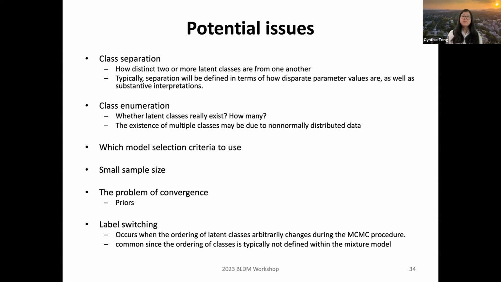Okay. And even just for the model fit, we have to figure out which model selection criteria to use. Not just in the Bayesian framework, even for the frequentist framework, there are many criteria to decide which model fits the data best. In Bayesian, there are also many different criteria like DIC and WAIC that we've covered today. And there are also LOO and the PPP values. Which model selection criteria to use? They may give us slightly different results and sometimes quite different results.